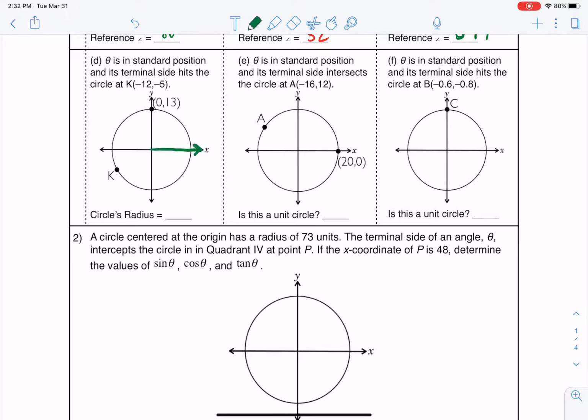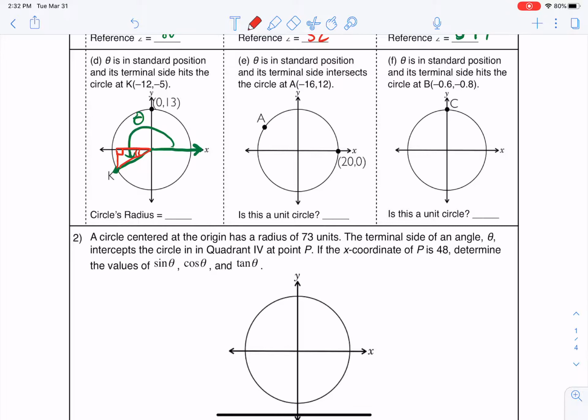So here's the initial side. There's the terminal side of the angle. If I extend that all the way around, that's theta. If we wanted to draw in our reference angle, that's this acute angle formed here. And our reference triangle extends from that point K to the x-axis.